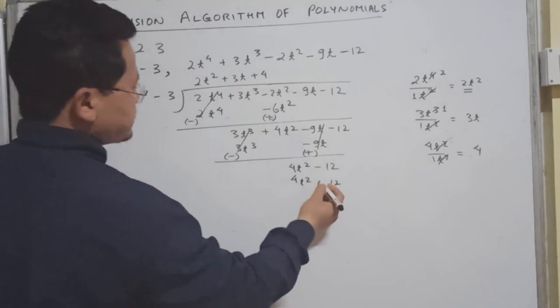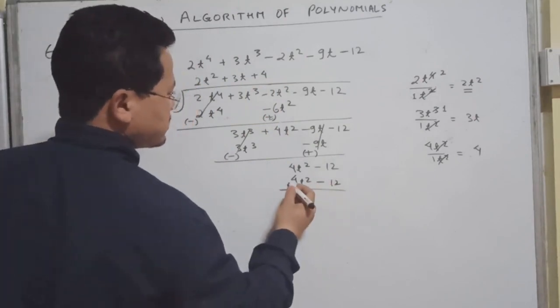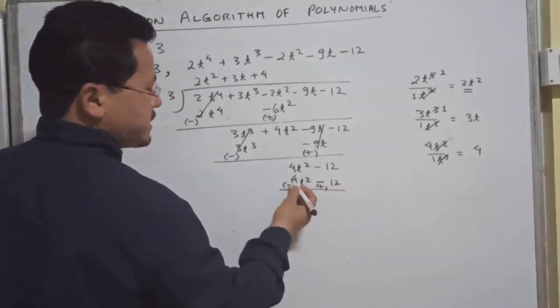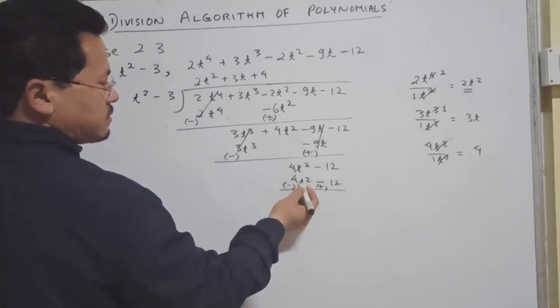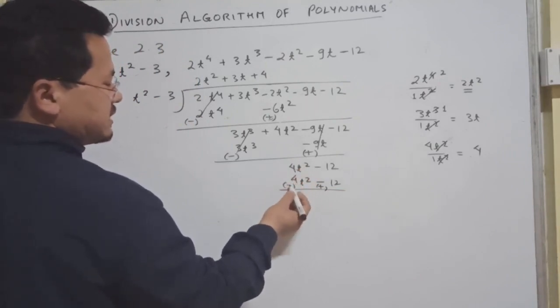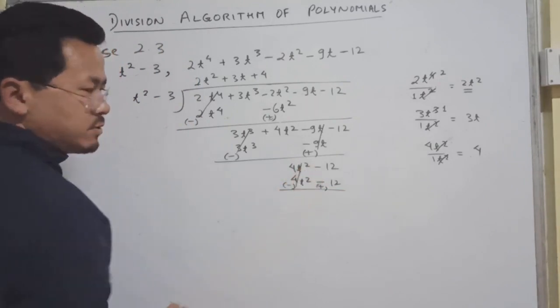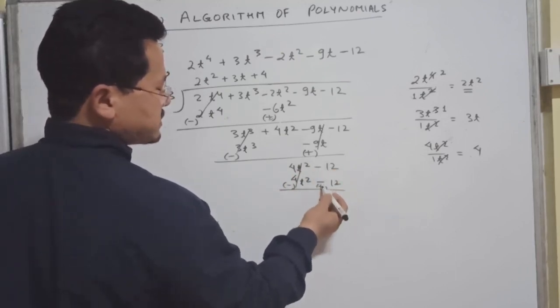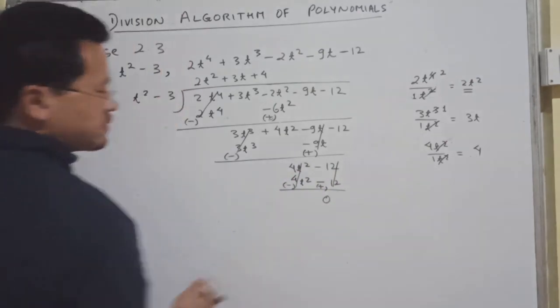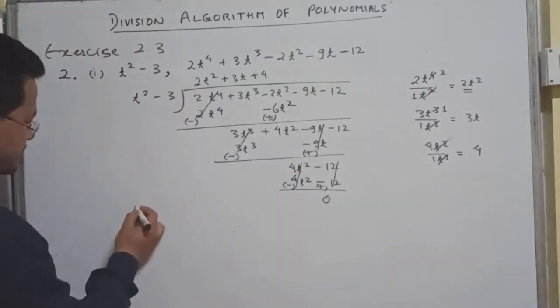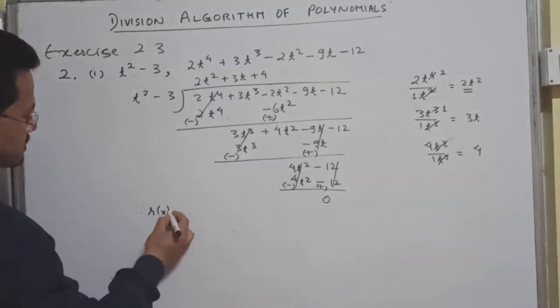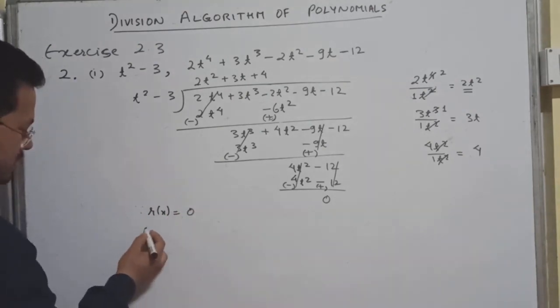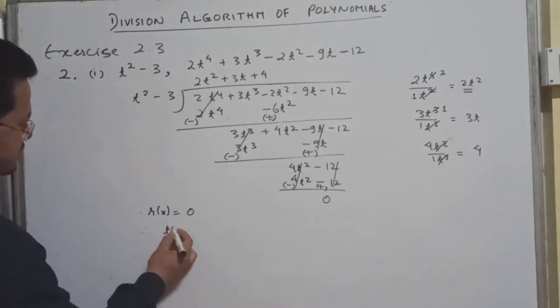Plus into minus is minus, so the sign changes. Same term, same coefficient, different sign, so it becomes 0. So we see that R(x) is equal to 0.